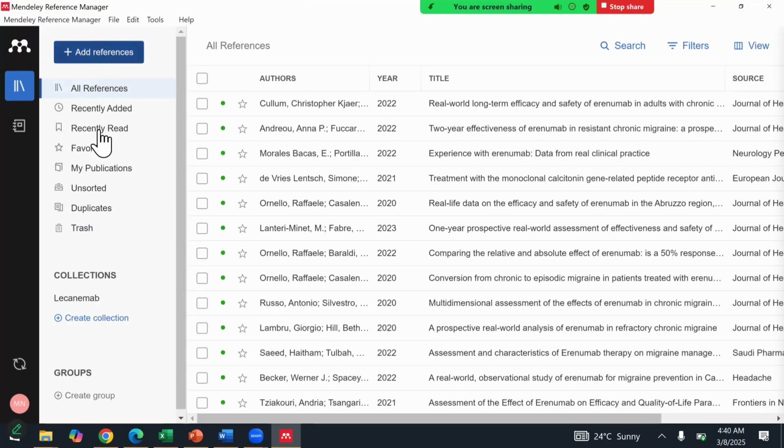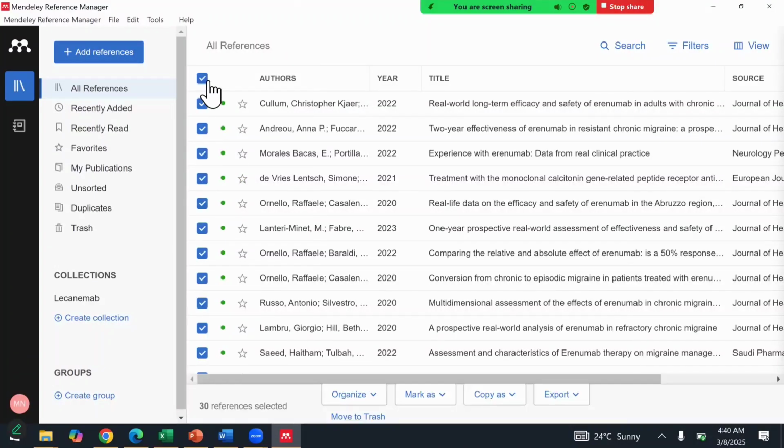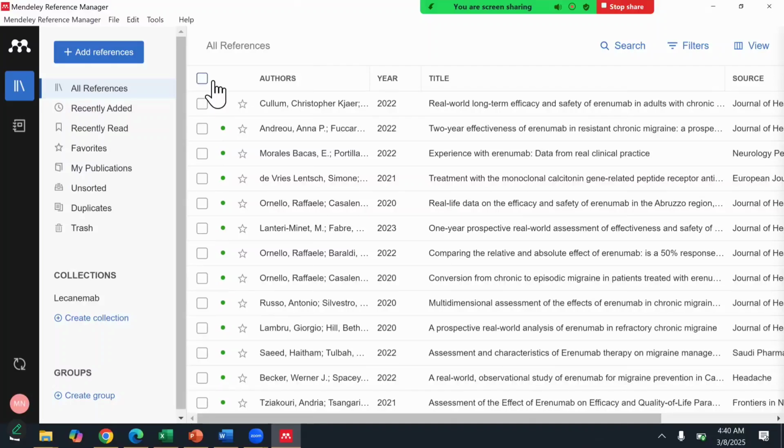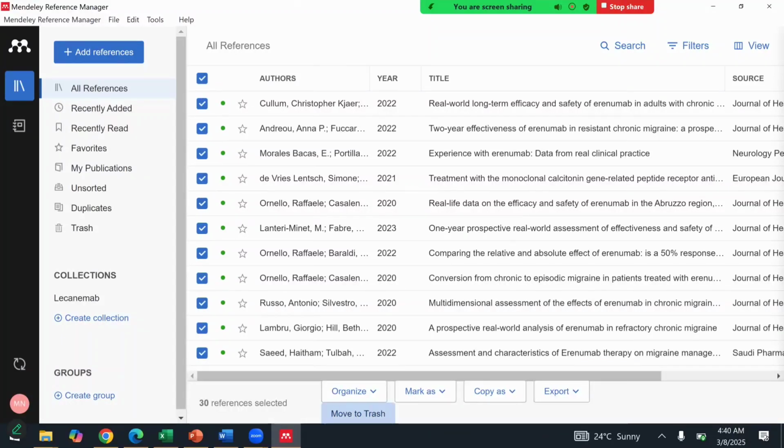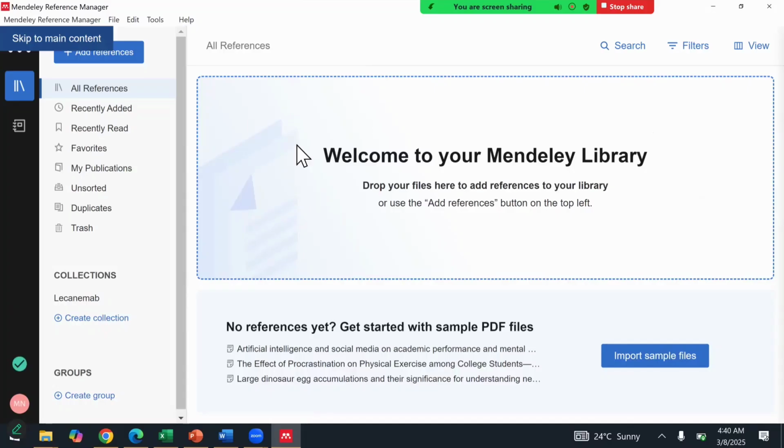And then these are the already articles. So this is Mendeley, and from here you have to add references.